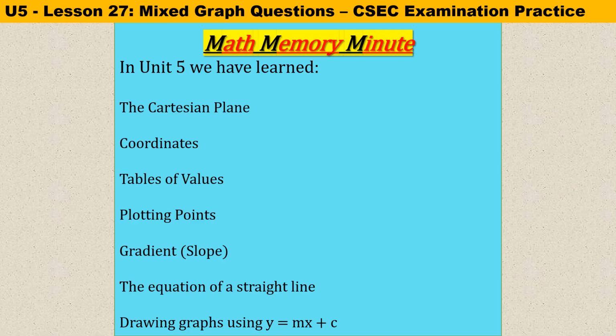But before we do anything else, we have got to do our maths memory minute. In our previous lesson, we did the Cartesian plane, coordinates, and tables of values. We went through plotting points, we learned the slope or gradient, the equation of a straight line, which is y equals mx plus c, and we also learned how to draw the graph using the straight line equation without having to do up a table of values.